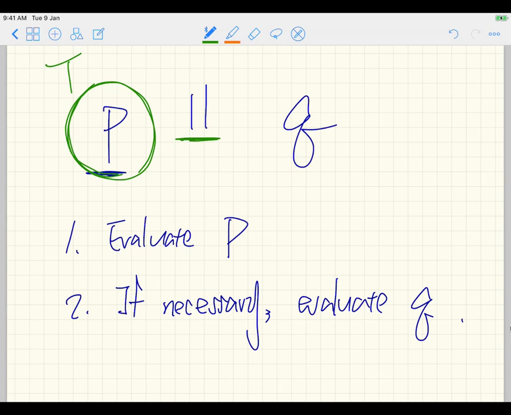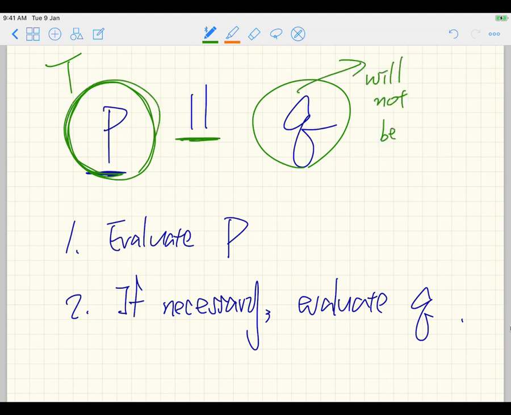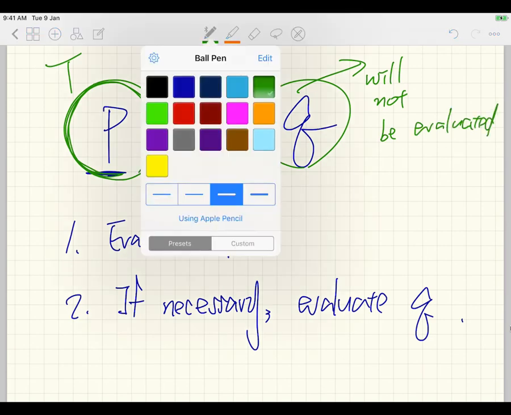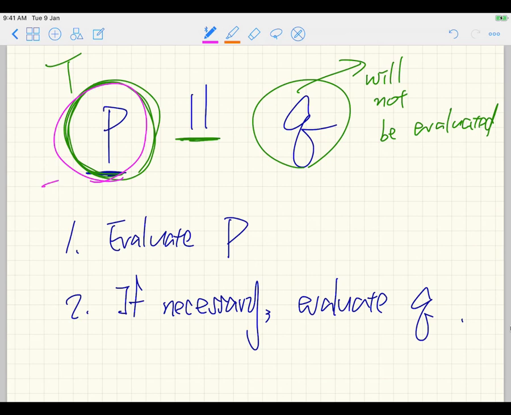It doesn't really matter what Q is, so Q will simply not be evaluated. On the other hand, if P happens to be false, we still have to evaluate Q, because if Q happens to be true, overall it will be true, and if Q is false, overall it will be false. So it really depends. I will review this short circuit in the beginning on Wednesday. I'll see you there.